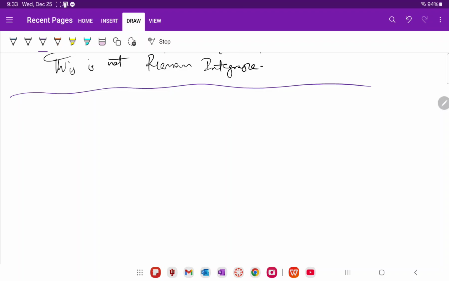But we have a definition yet to take note of. Here we have interchanging the Riemann integral and limit.